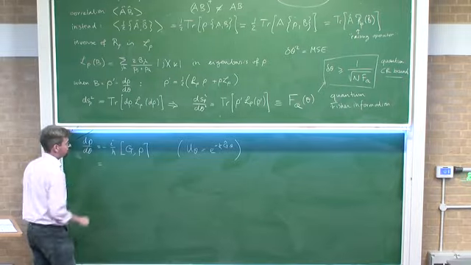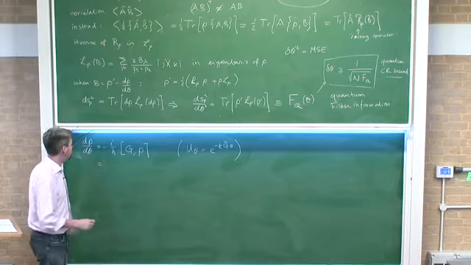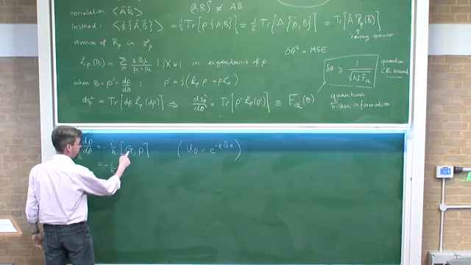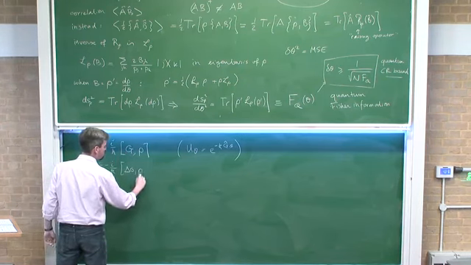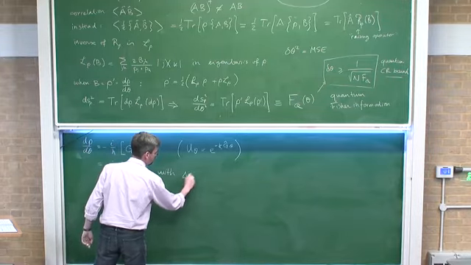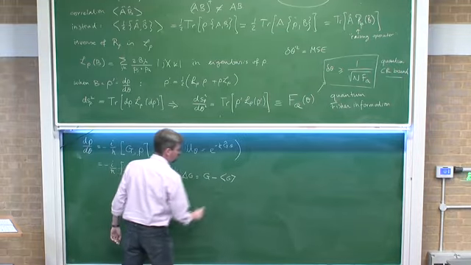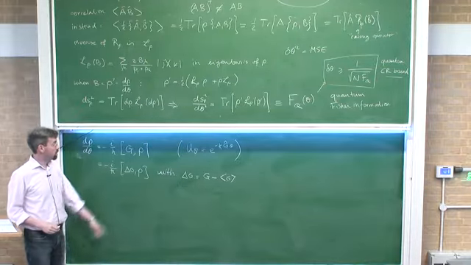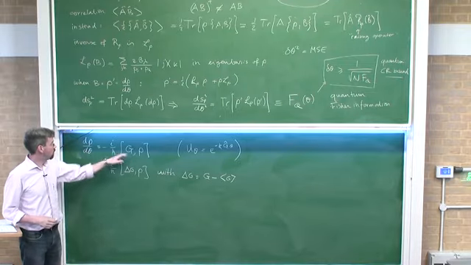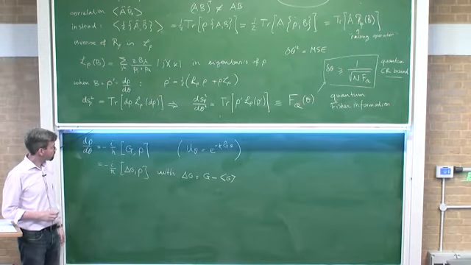And now we notice, because of the special property of the commutator, that we could also, instead of using G, use delta G, with delta G being G minus the expectation value of G. Because this is just a number, it does not affect the value of the commutator.